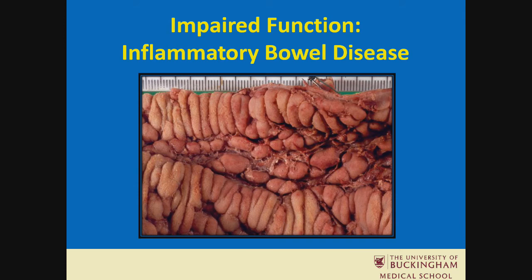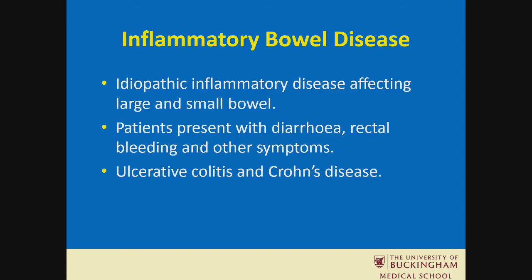And then the next one is impaired function. An example is inflammatory bowel disease. Inflammatory bowel disease is idiopathic, of unknown etiology, and it has two main types: ulcerative colitis and Crohn's disease.